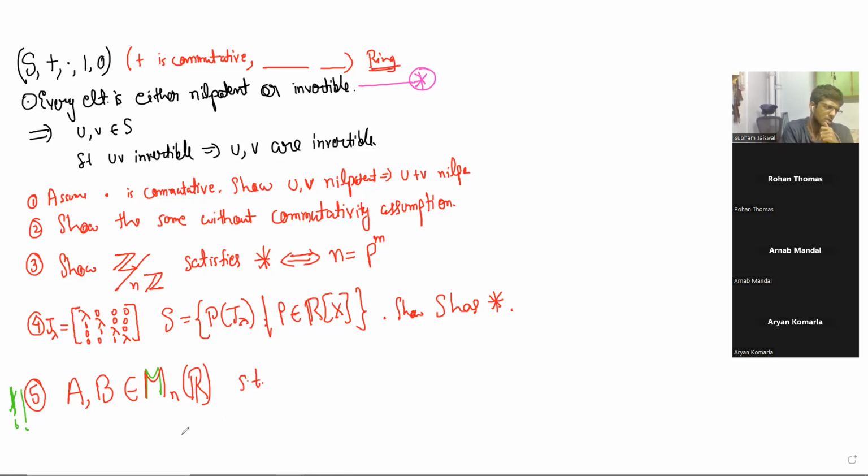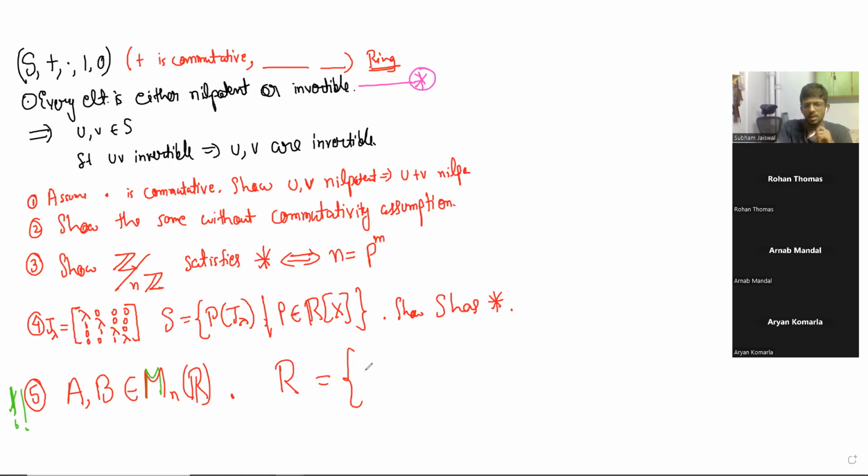Probably it will actually be more, but you prove it. Let's see. So A and B are in M_n(R), and then you look at this S, or actually I should not call it S. Let's call it R, so the different R.